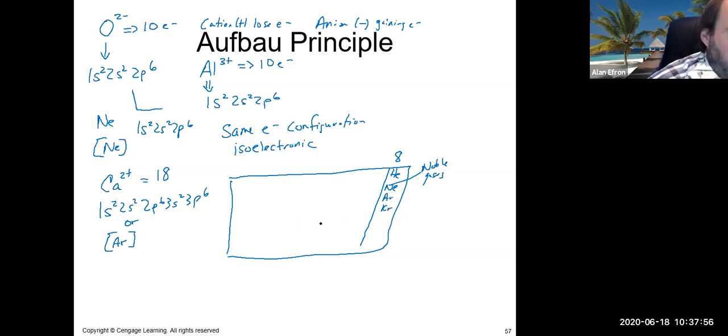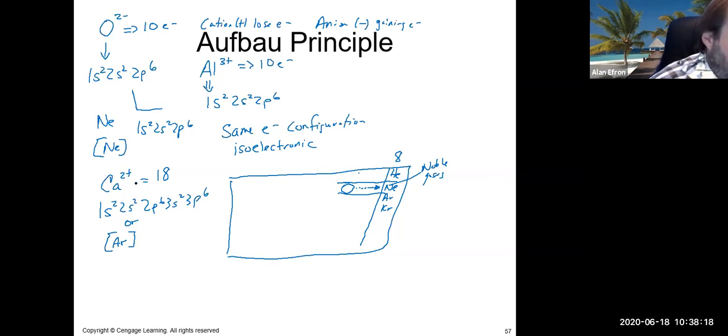So when we look at something like oxygen, which is right here, oxygen is right here on the periodic table, and it gained electrons. And what it was able to do is go forward to the noble gas configuration.